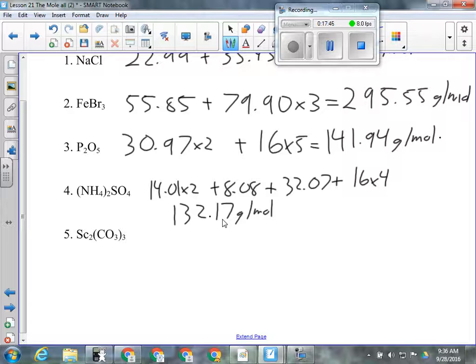And for our last one here, we got scandium, which is a pretty rare one, 44.96, and there's 2 of them. How many carbons are there? 3. So 12.01 times 3, and how many oxygens? Sorry, 9.